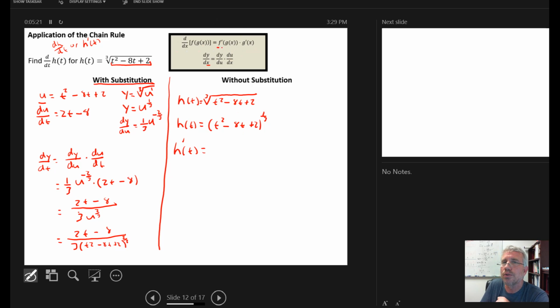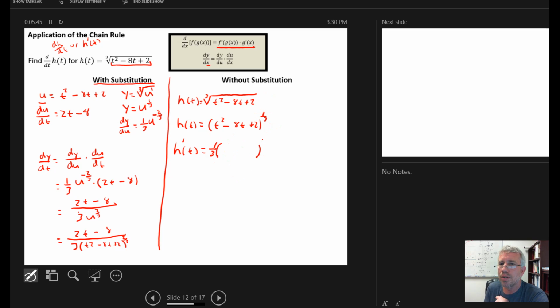And the chain rule in this formulation says just take the derivative f prime of the outer function. So the derivative of the outer function, which is the 1/3 power, is going to be bring the exponent down into the coefficient position. There's stuff on the inside, don't worry about it for a minute. Bring the 1/3 down using the general power rule.